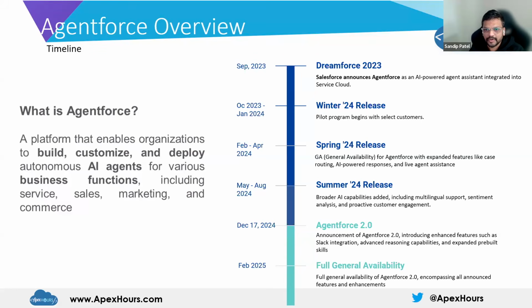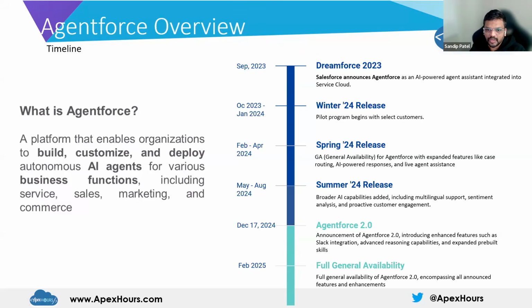OpenTable and some other customers ran this program. In Spring 24 they had general availability for Agentforce with some expanded features like case routing, AI powered responses, and live agent assistance.